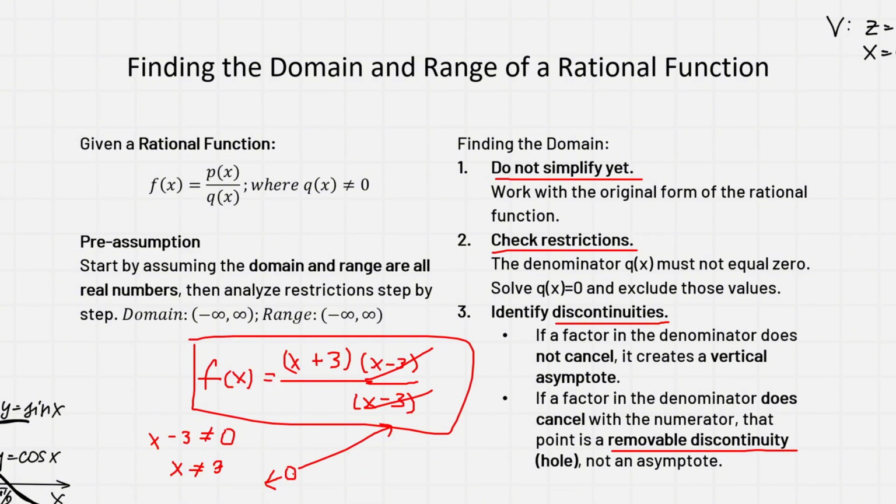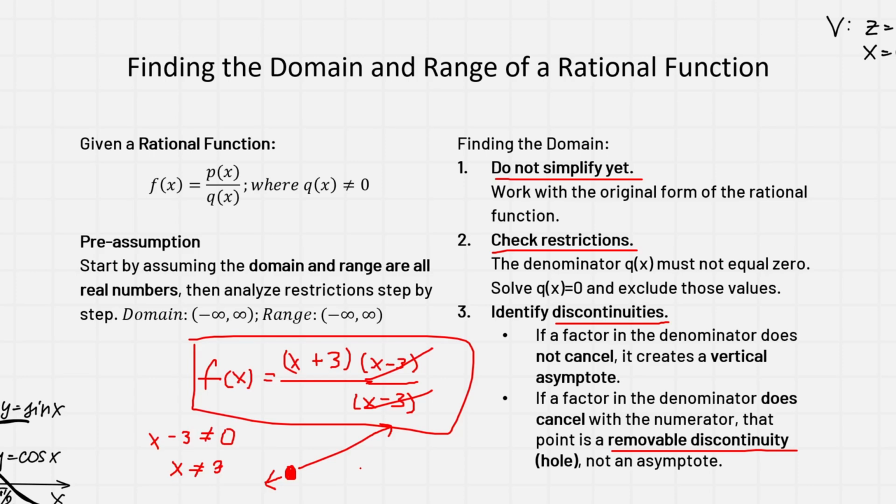So basically here we have an open hole, and if you're going to simplify your function, this open hole will become a closed hole. Okay, it will be part of the interval. So that's why it is a removable discontinuity. But again, we need to know the real behavior of our function.